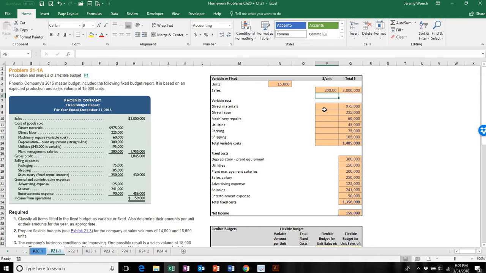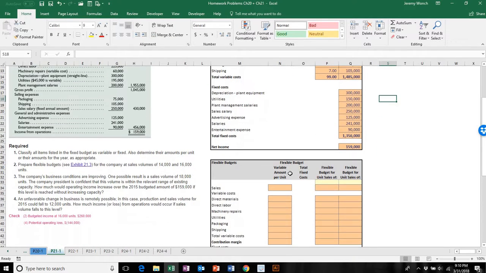So we've got $200 per unit. And for direct materials, we'll do the 975 divided by our units. Let's just go ahead and lock that down so we can drag it. And so now we have our dollar per unit cost for each one of our variable costs here.